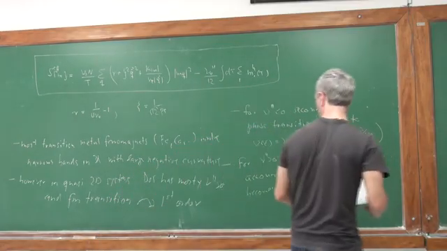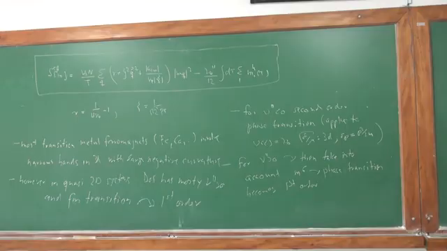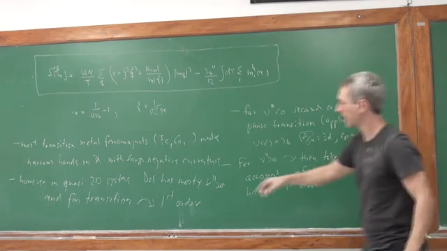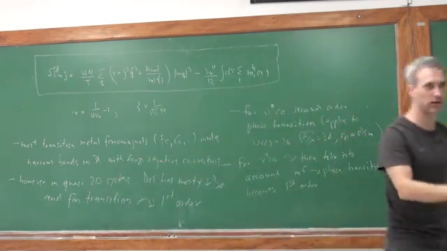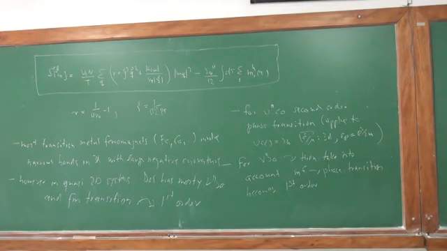Okay. Quasi-2D is important because you cannot have symmetry breaking in purely 2D solids. So that was just a small comment on that.